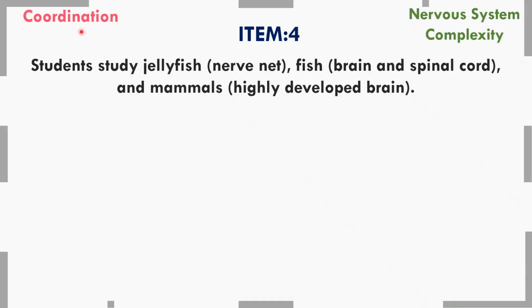Let's now look at coordination. We shall look at the nervous system complexity. Item 4. Students study jellyfish, nerve net, fish, brain and the spinal cord, and mammals, highly developed brain.